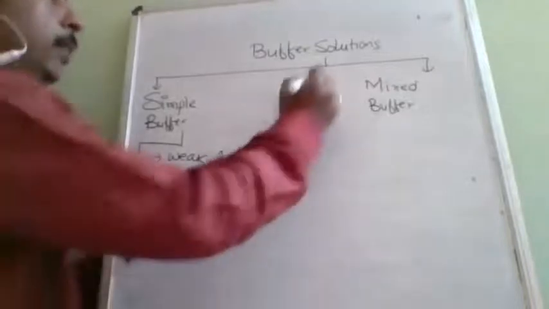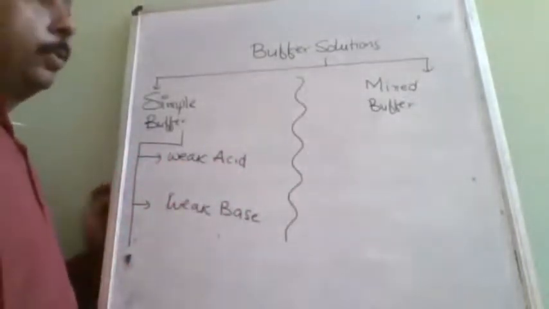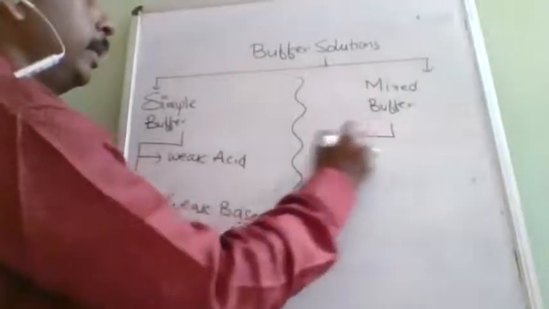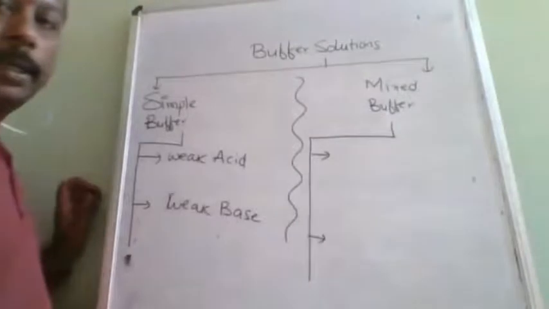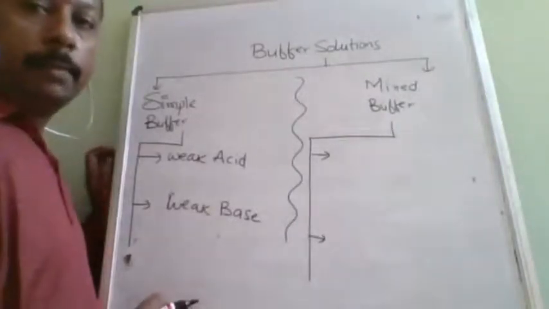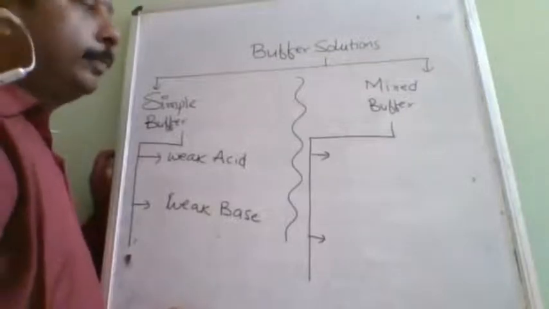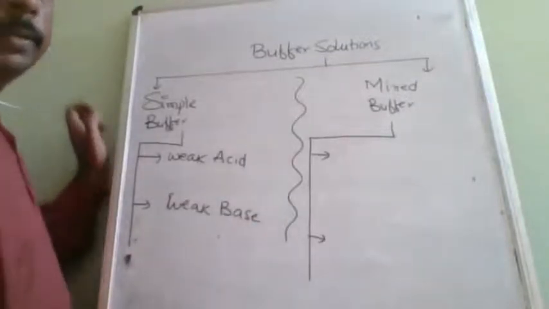Now coming to the mixed buffer. In chemistry, most of the things are hinted at in the heading itself. If you understand the heading, 90% of the thing you have understood. So mixed means at least how many things should be there? Two things should be there.